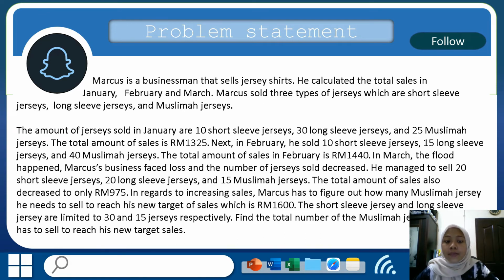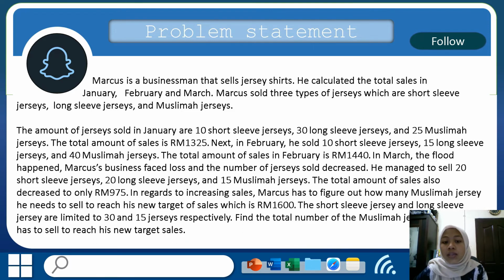In March, the flood happened. Marcus' business faced loss and the number of jerseys sold decreased. He managed to sell 20 short-sleeve jerseys, 20 long-sleeve jerseys, and 50 Muslimah jerseys. The total amount of sales also decreased to only 975 ringgit.